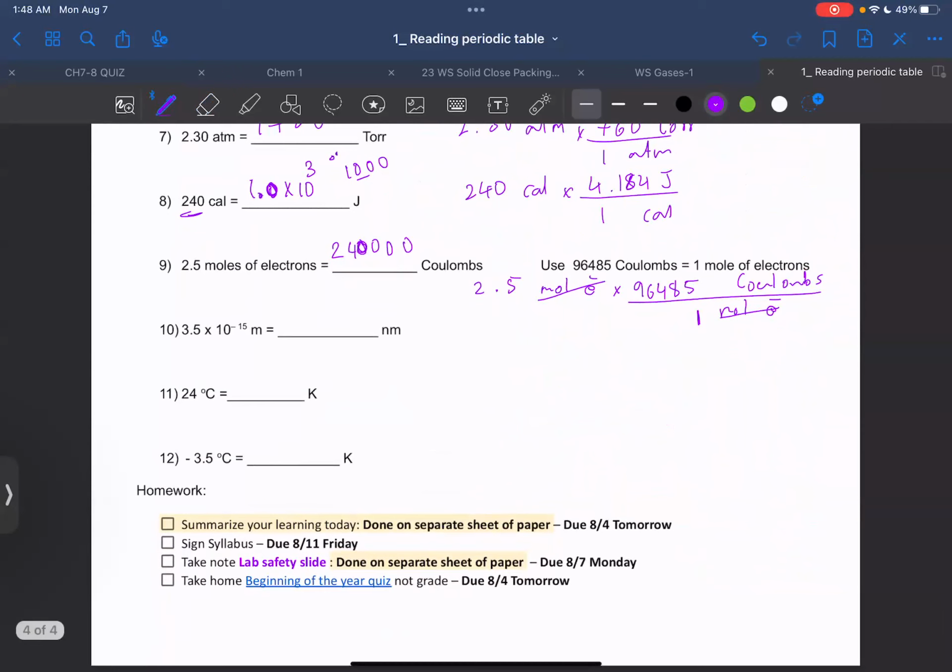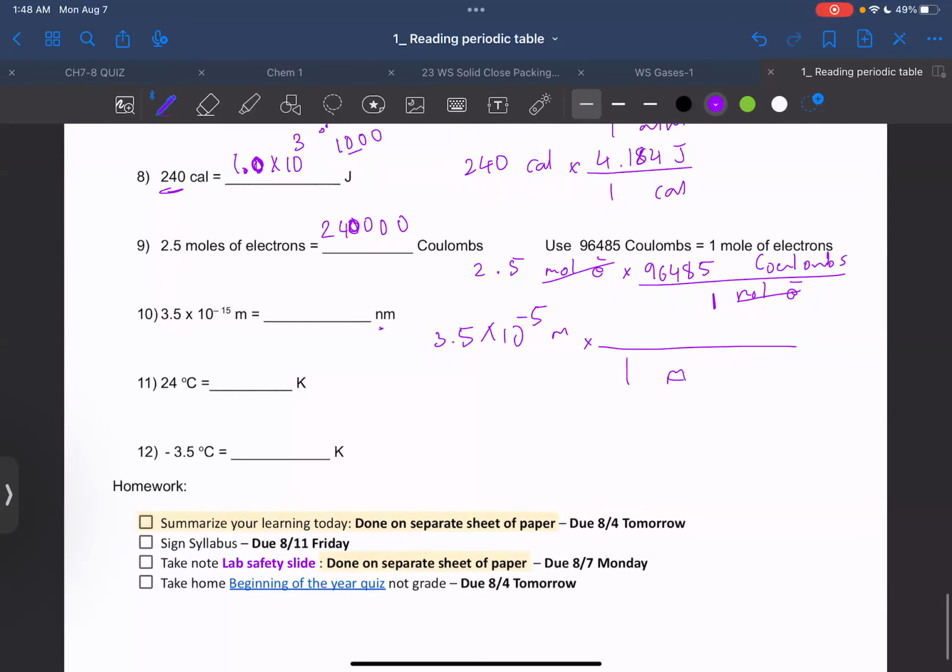Meter to nanometer. So this is a 10 to the negative part. Times 10 to the negative 5 meter. 1 meter. Oops. Let me write it. Meter. If you guys know, this would be 10 to the 9, or you can have all the zeros, basically.